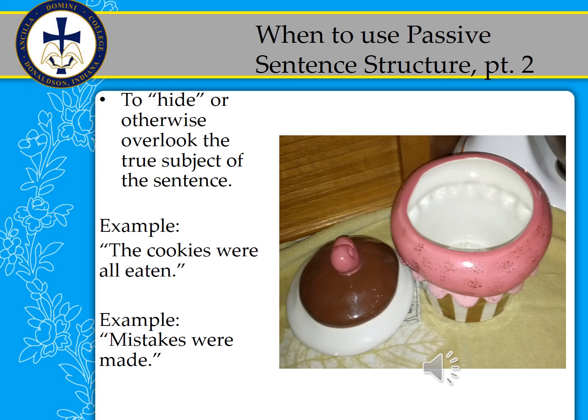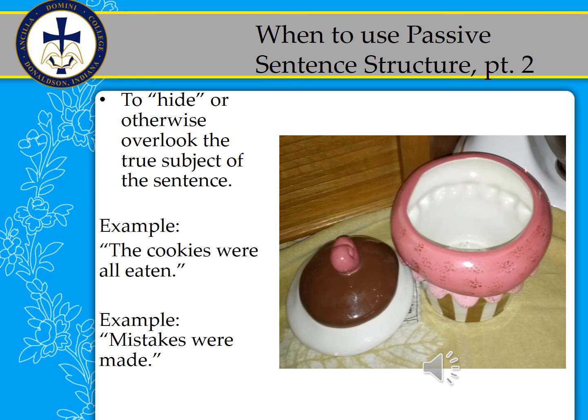Sometimes we use passive sentence structures to highlight a particular part of the sentence, or maybe a particular organization or a particular action, and the doer is not necessarily the most important thing. We don't even include that. Another reason we might use passive sentence structure is to take the doer out of the picture completely. And we see this sometimes with political figures especially.